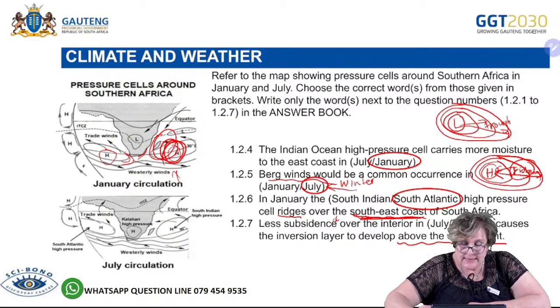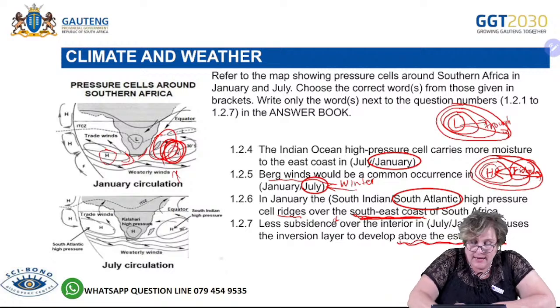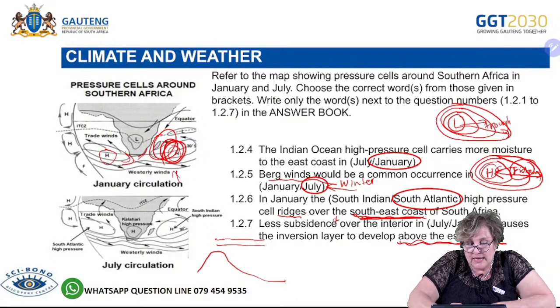Okay, less subsidence over the interior in July or January causes the inversion layer to be above the escarpment. When is this above? If I have the plateau and I go down to the sea, if the inversion layer is above the escarpment, here's the escarpment, air can move over.